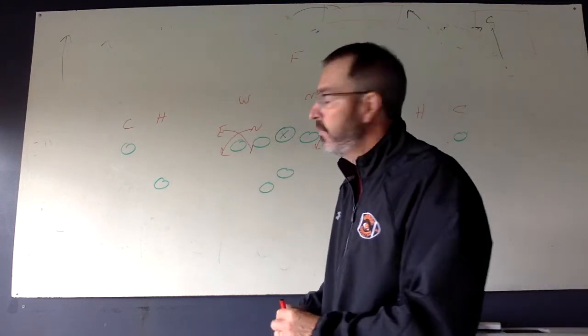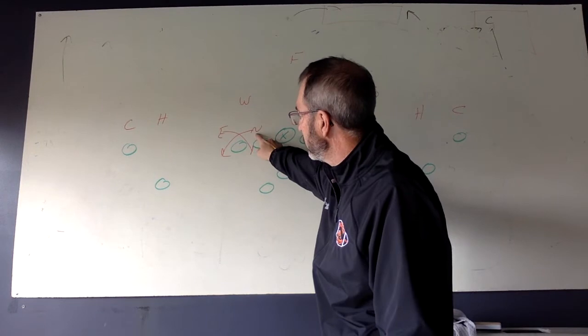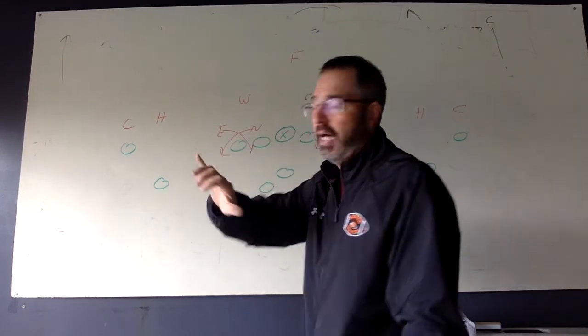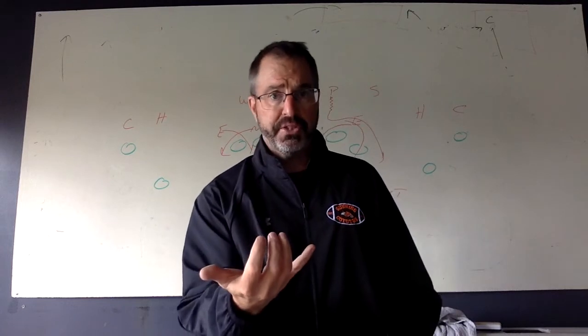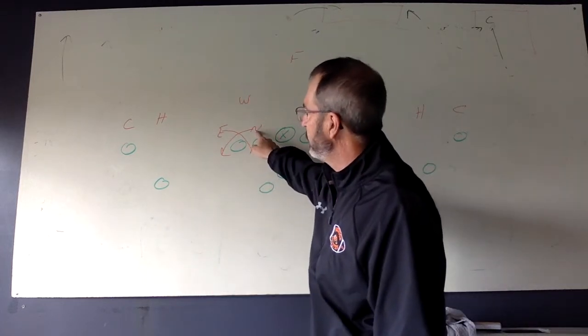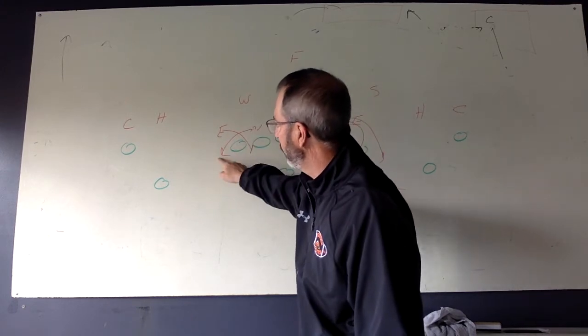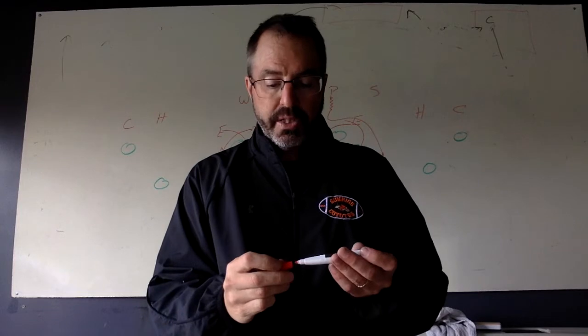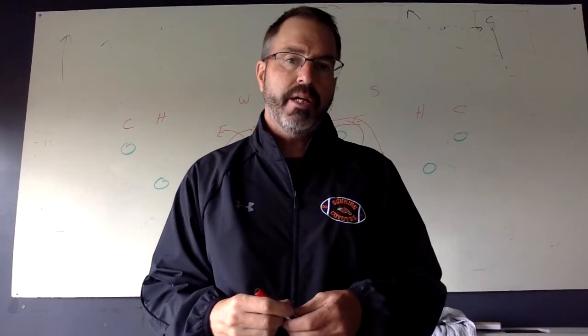For example, if this was Lucas and this was Tom, or maybe even Liam, I would have them switch their positions just for this play. I would much rather have Tom coming from here around than Lucas doing it, because Tom is going to be faster than Lucas. Probably the same thing with Liam.